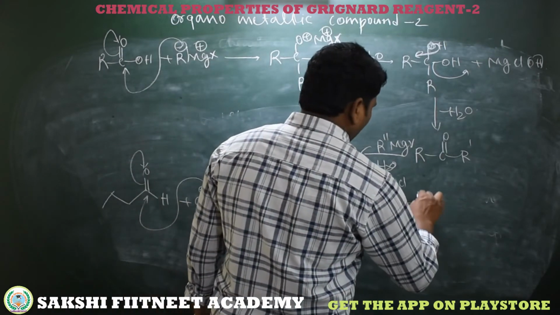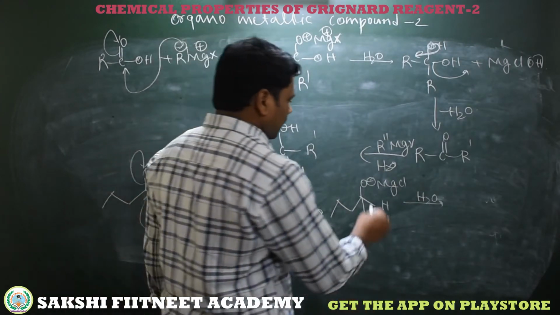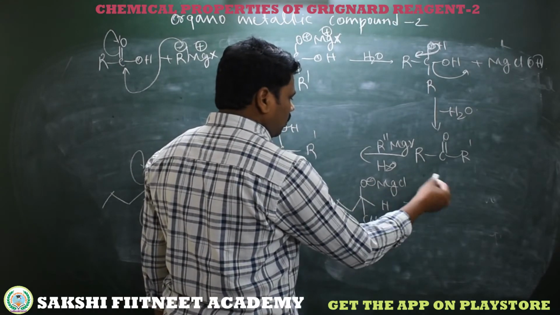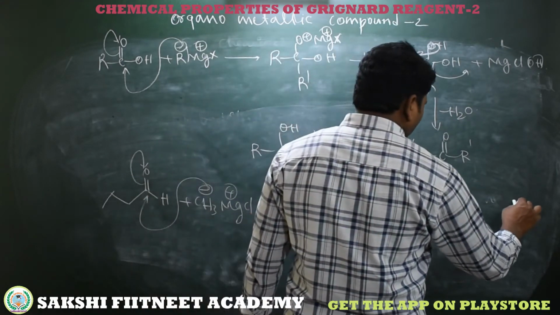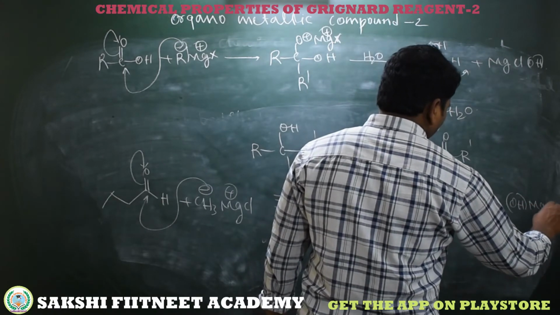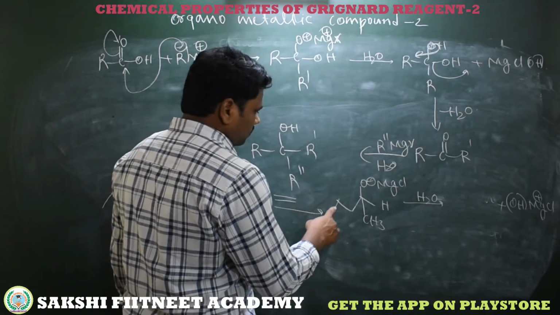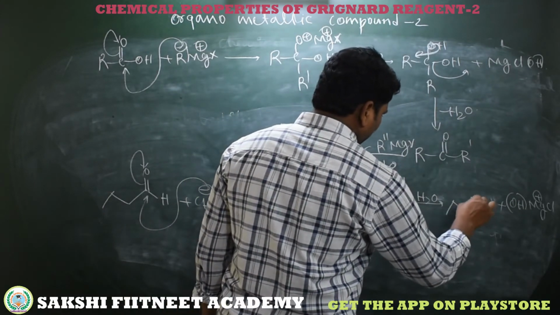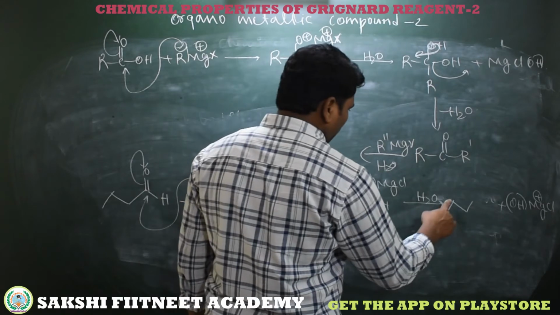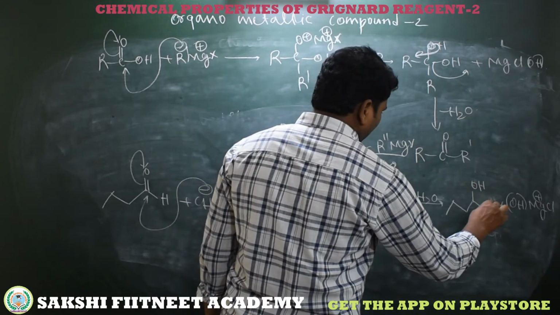Now this is on hydrolysis. See here, H plus, MgCl OH decomposes, eliminating as OH minus, MgCl plus. So what about the major product? See here, 1, 2, 3, 4, and here we have an OH and here CH3.